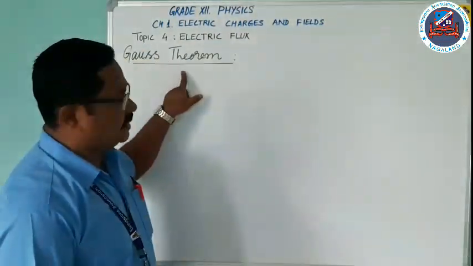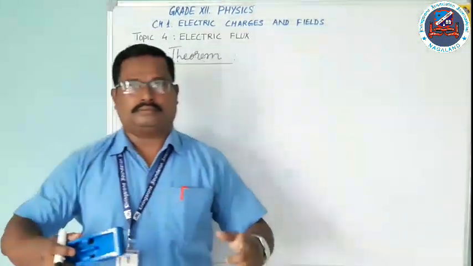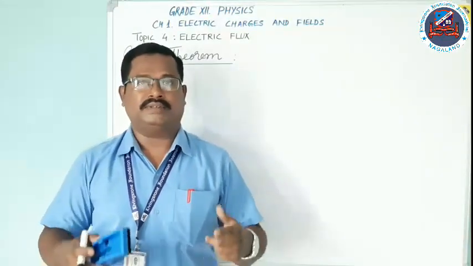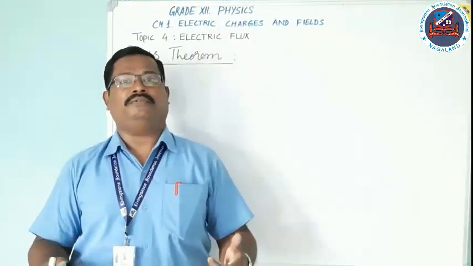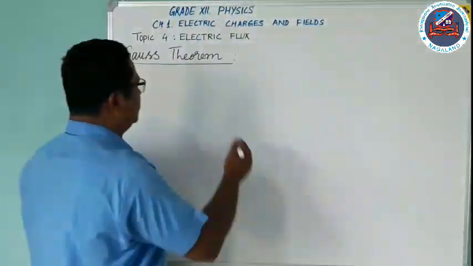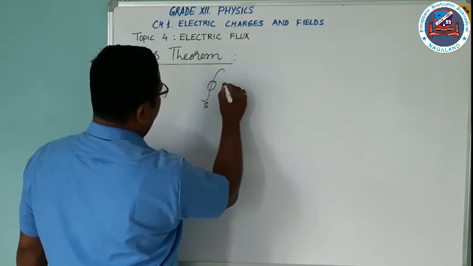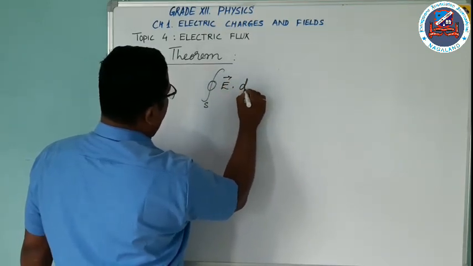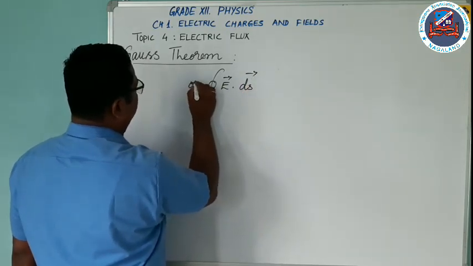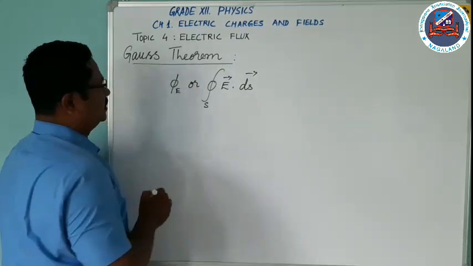So the theorem says like this: the surface integral of the electric field intensity, as we have learned, this is called the electric flux.